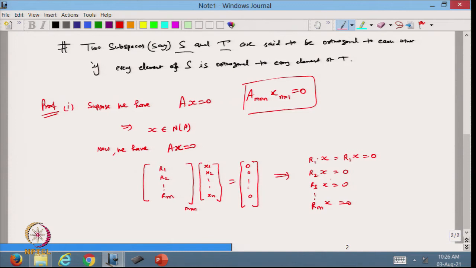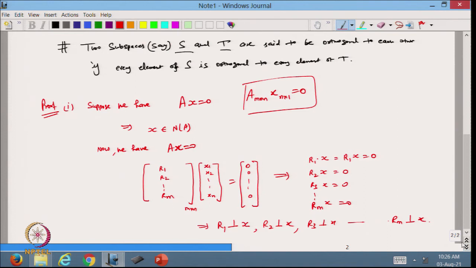So from here you can see that R1 is orthogonal to x, R2 is orthogonal to x, R3 is orthogonal to x, and so on. Rm is orthogonal to x. So all these rows are orthogonal to the vector, and this vector is lying in the null space of A.